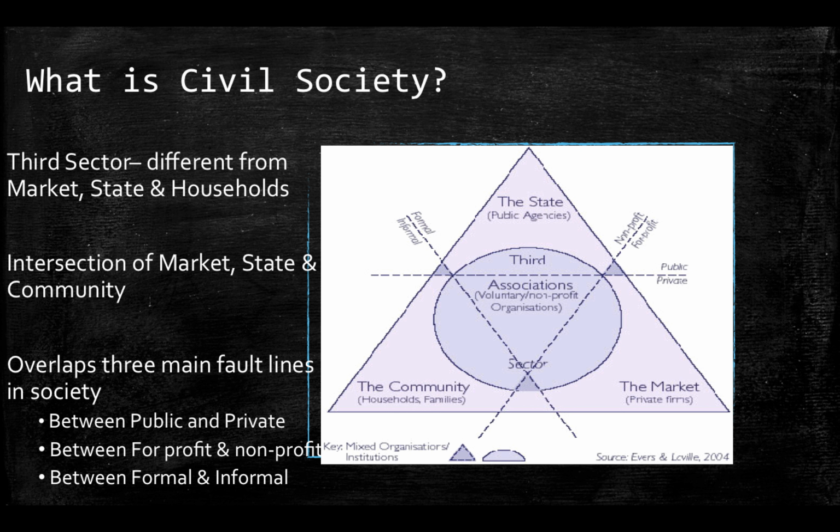Now, I don't want to introduce these concepts to make it much more difficult for students to understand, but let's just think of civil society as this third sector, as a sector that is separate from market and the state.